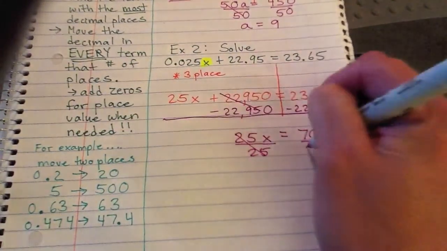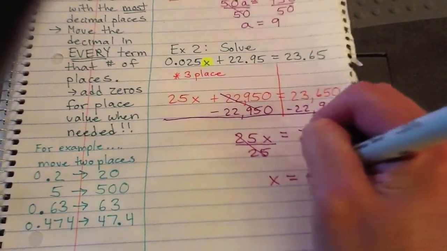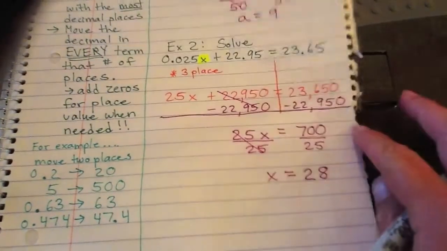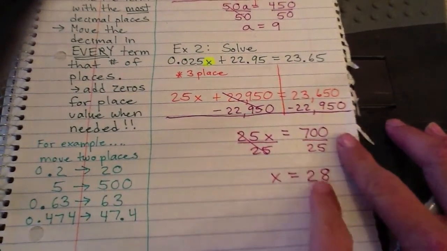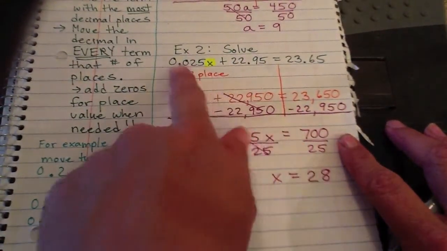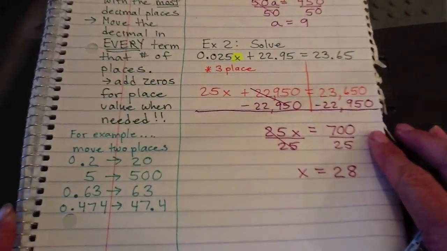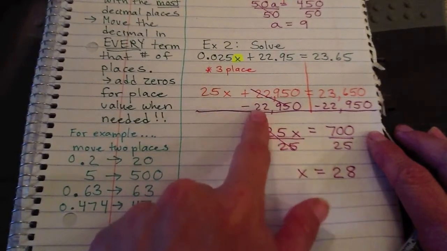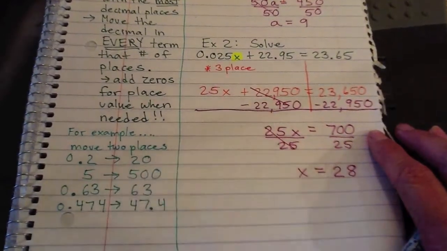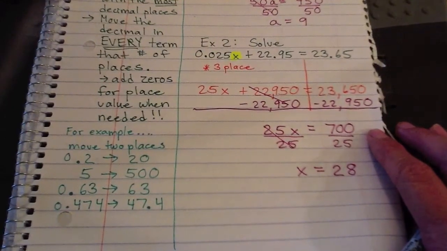That becomes a 1. So I just have x equals 28. And then again, to check, you would evaluate with 28 in here or in here. And on your homework, if you want to check those with your calculator really quick while you're practicing these tomorrow in class, that's fine, because I'd rather have you making sure you're doing them correctly while you're practicing.